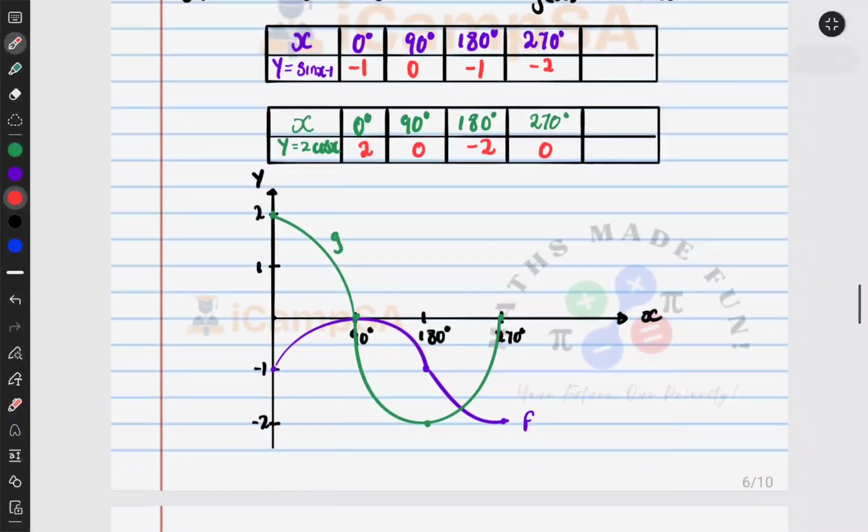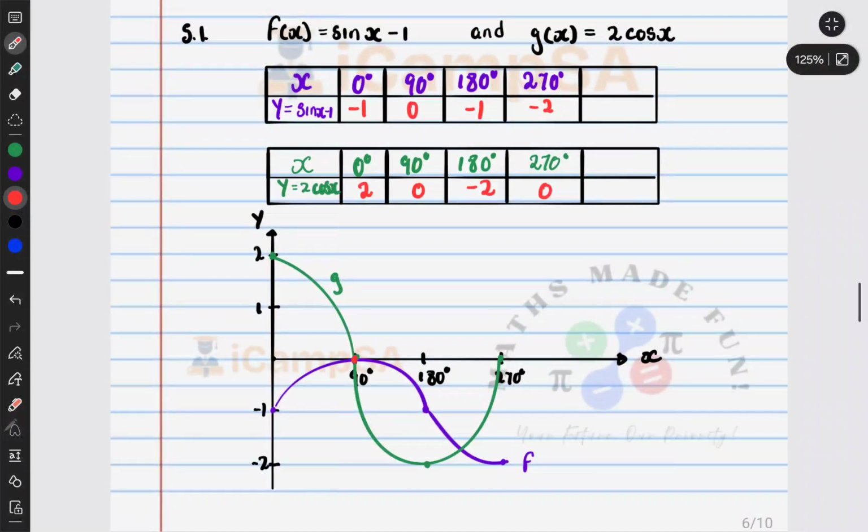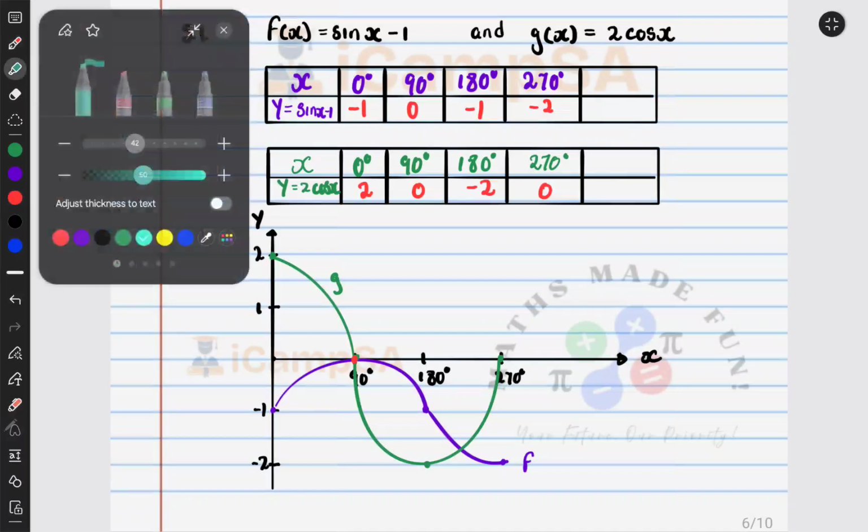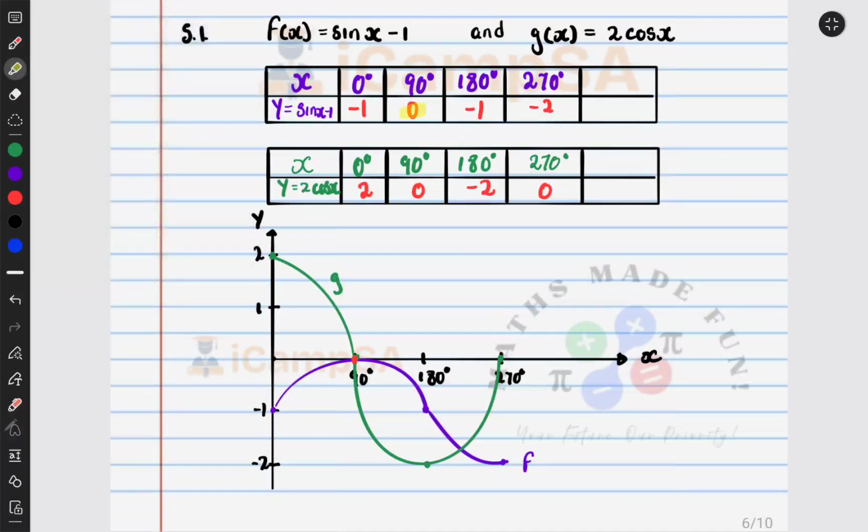You see the graphs intersect here, so they have the same outcome there at 90, and as you can even see from the table, they are both equal to 0, so their values are equal.